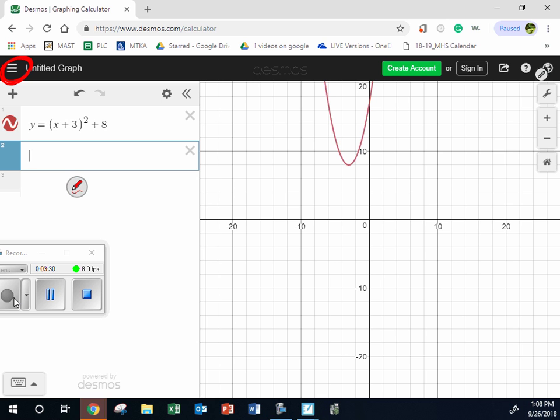Anyway, that's a name for that button. Underneath there, you can always just make a new graph. If you just type in a new number here, the scale will still stay messed up. But if you go underneath the hamburger button and say add new graph, it'll start over with nice axes again. Okay, so if you ever get zoomed in too far, those are two things you can do.